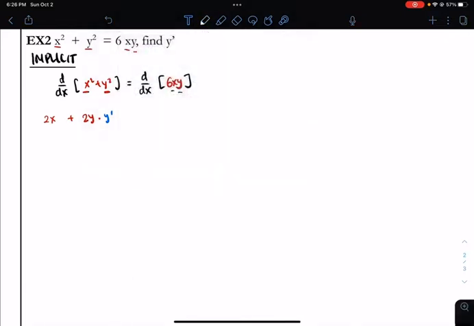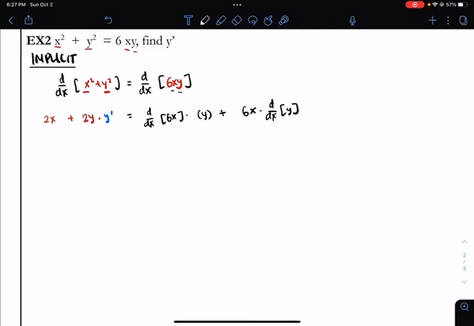And on the right side, we want to find the derivative of 6x, let me just use brackets, times just y by itself, plus the derivative of y times just 6x.